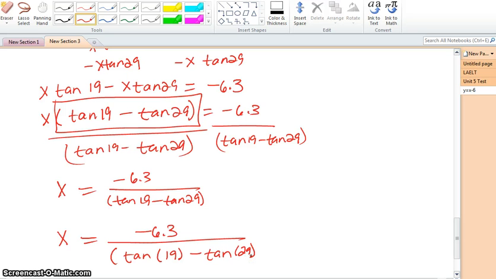Close the parentheses after 19, close the parentheses after 29, and then close up the whole denominator in its own set of parentheses. And you'll have a value that's approximately equal to 30, I believe. Let's see. Yep, approximately equal to 30.